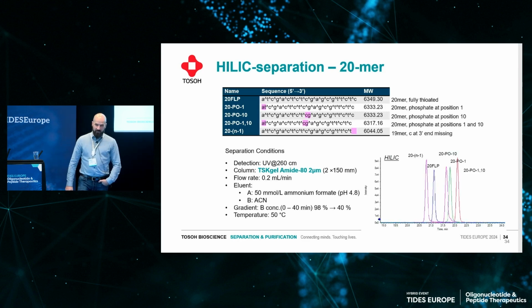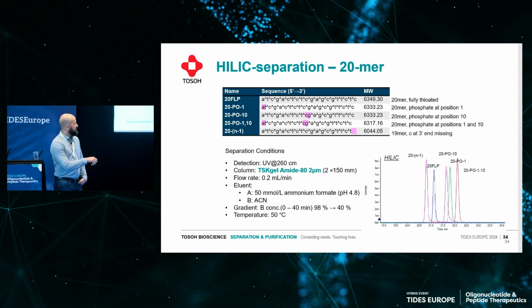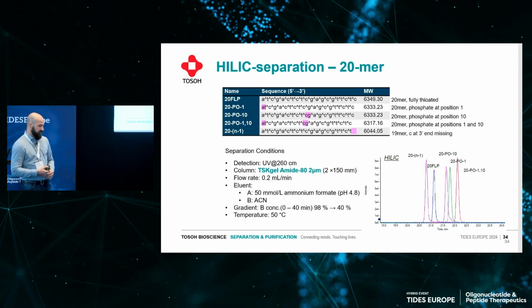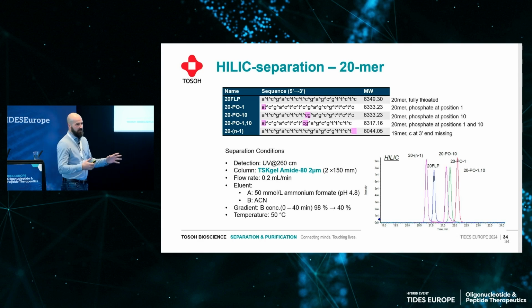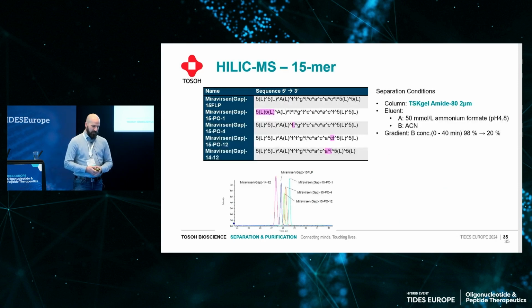If we analyze them with HILIC, this is more of an artificial look, as we individually injected all of these molecules, but we get a very nice separation of these slight differences in the oligonucleotide sequence, which is typically something that's not seen with IPRP.